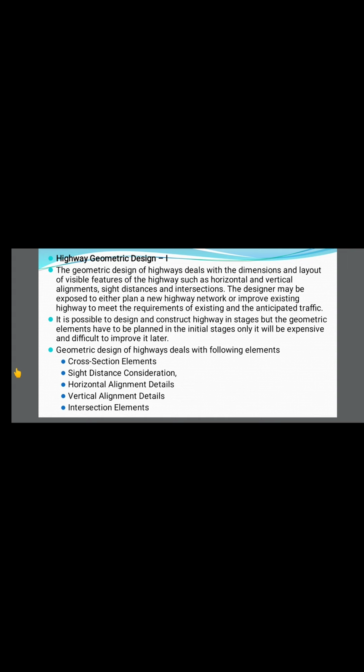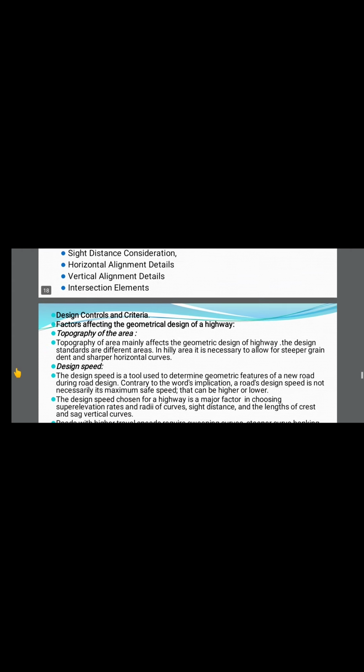If it is not considered in the beginning, then it will be very difficult later. Geometric design of highways deals with the following elements: cross section elements, side distance consideration, horizontal element, vertical alignment details, and intersection elements.